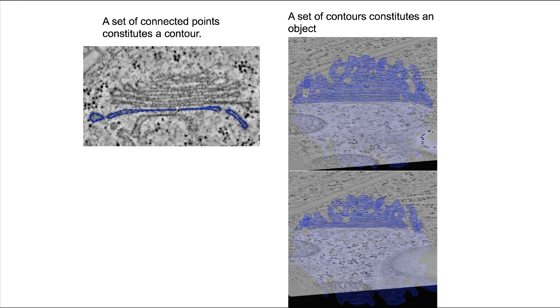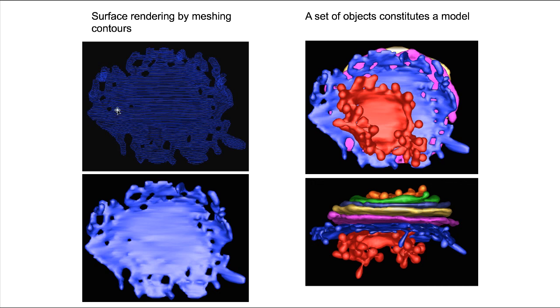In each slice I make these 2D contours, and I repeat that in many slices as shown here. Now I change the tomographic slice and draw outlines one by one.